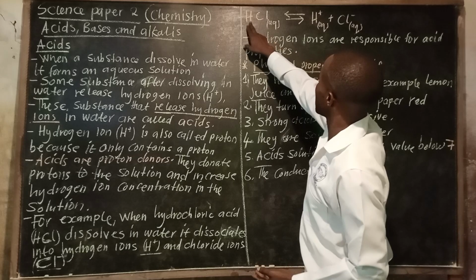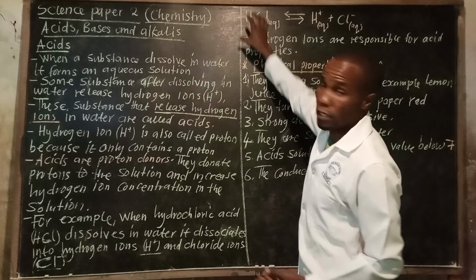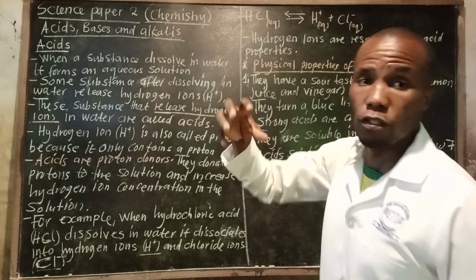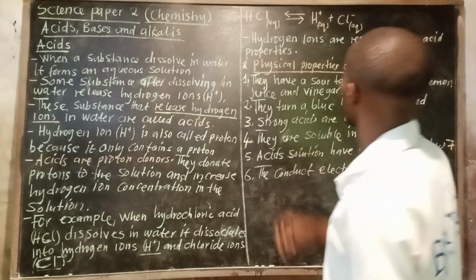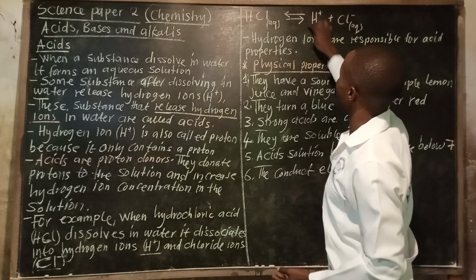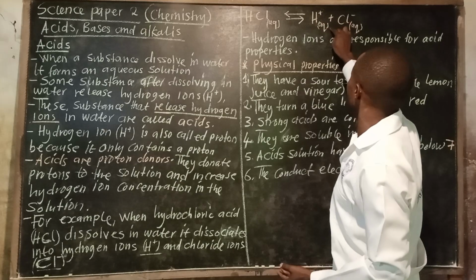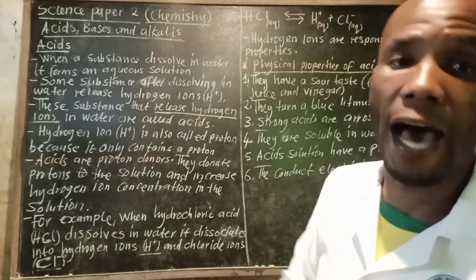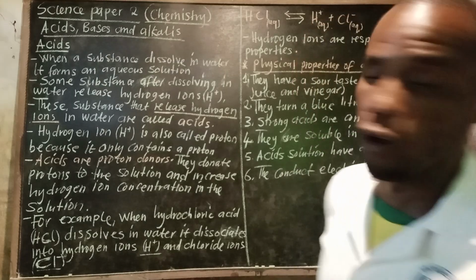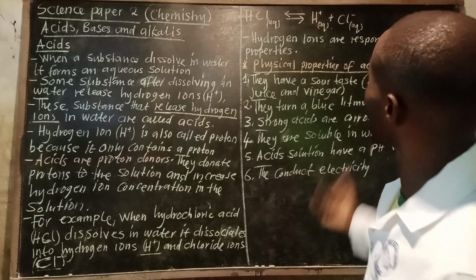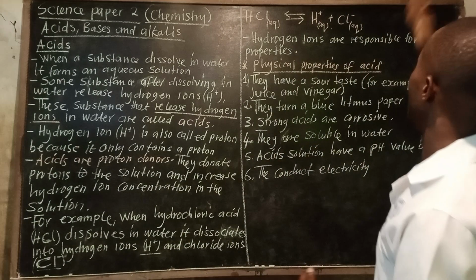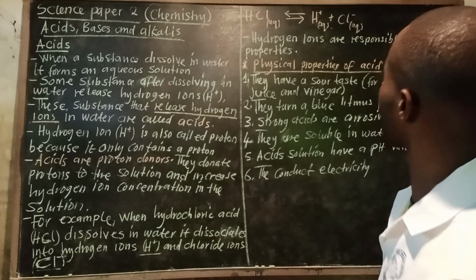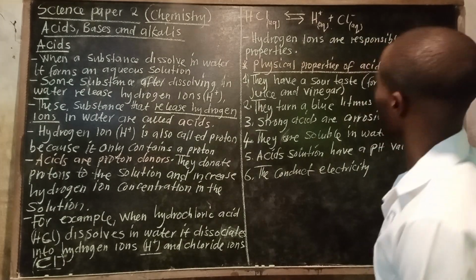This is hydrochloric acid, an aqueous solution. When it dissolves in water, it will give out a positively charged hydrogen ion plus a chloride ion. Therefore, acids are proton donors. They have given out hydrogen ions in aqueous solution, as well as chloride ions.